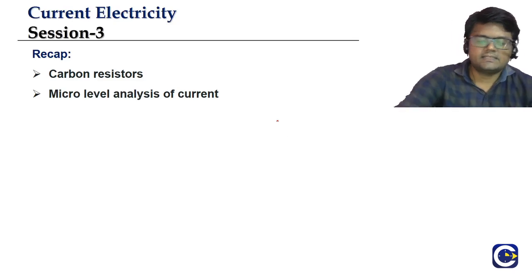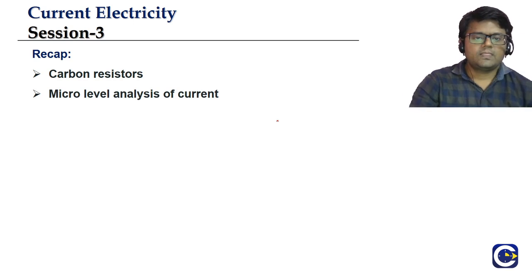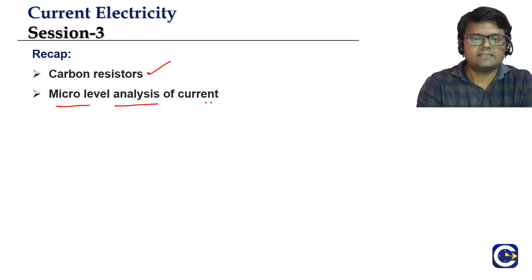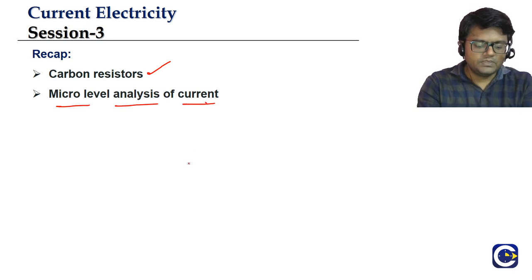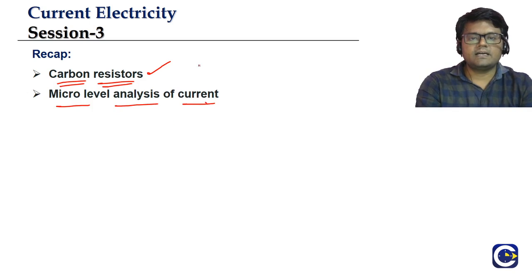So in the last class, we were basically looking at the carbon resistors concept, and also we started with the micro level analysis of the current. We saw how to remember the carbon resistor color coding, and we practiced quite a number of questions on that.